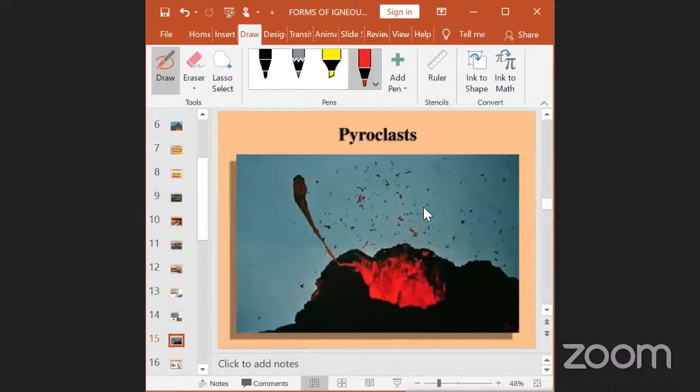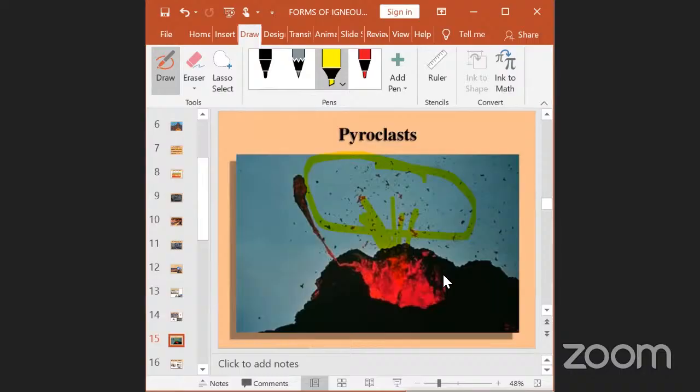Next, pyroclast. What is a pyroclast? The rock fragments thrown out at the time of volcanic eruption are called pyroclasts, right?